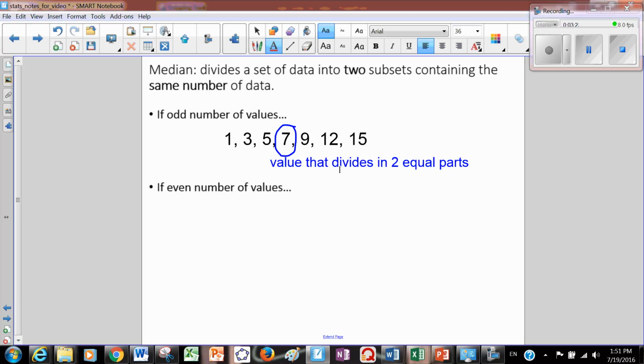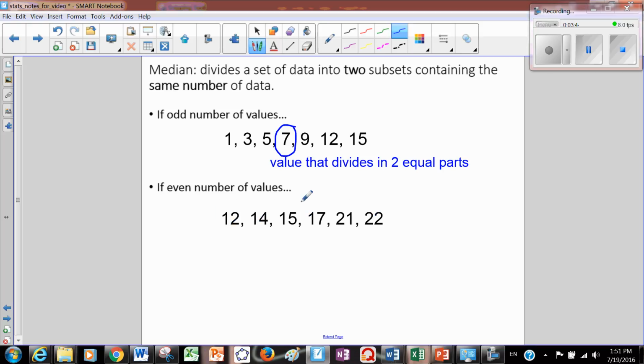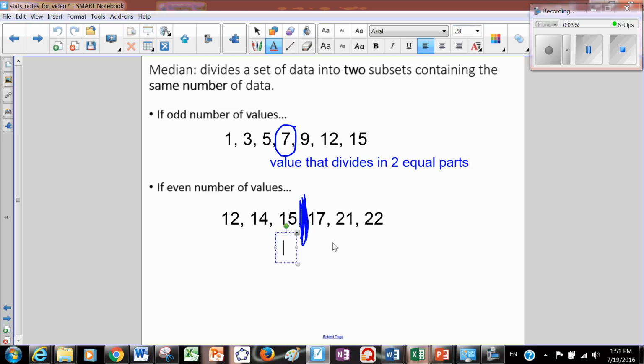But what if you have an even number of data? For example, if I have 12, 14, 15, 17, 21, and 22. If I count my data, I have 1, 2, 3, 4, 5, 6. Really, the middle would be here, but there's no data here. So what do you have to do when there's no data? You're going to have to calculate the average of the two on each side.